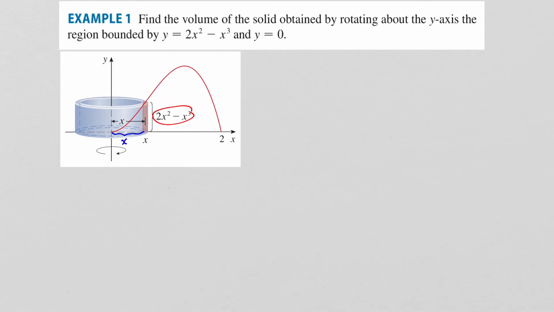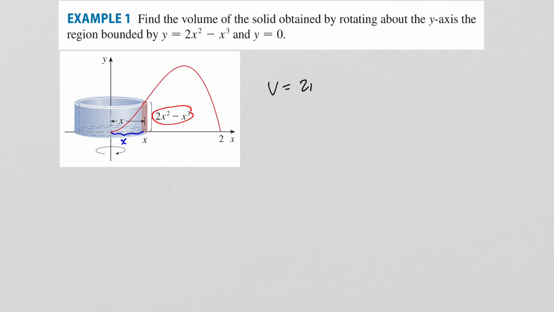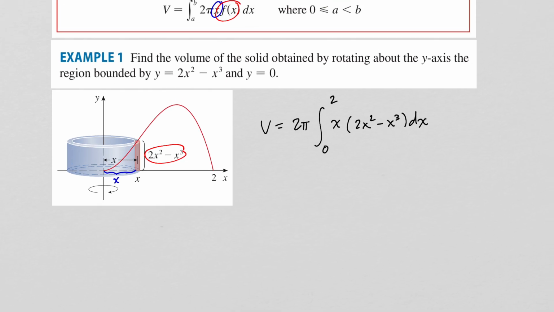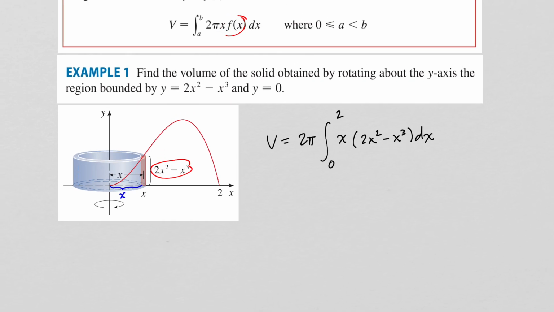So in this particular problem, the volume is going to be 2 pi multiplied by the integral from 0 to 2 of x multiplied by 2x squared minus x cubed dx. So you'll notice I pulled the 2 pi out, and that is because 2 pi is a constant, and constants can be factored out of your integration.